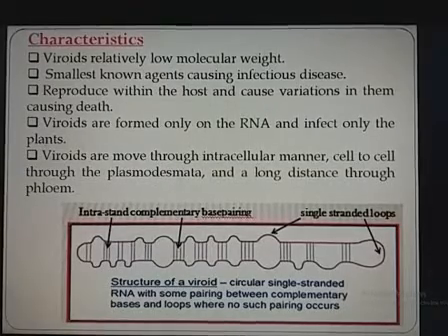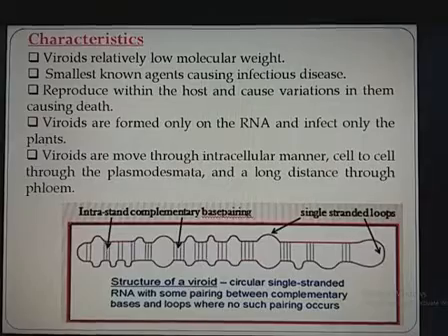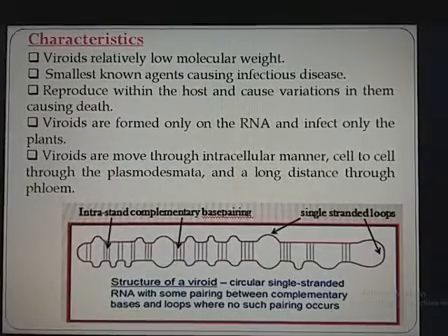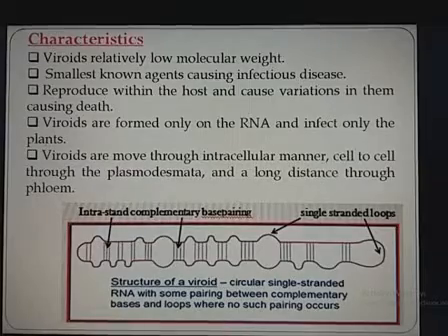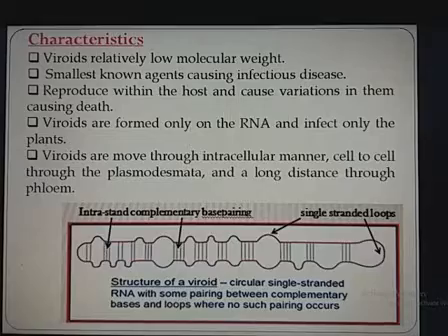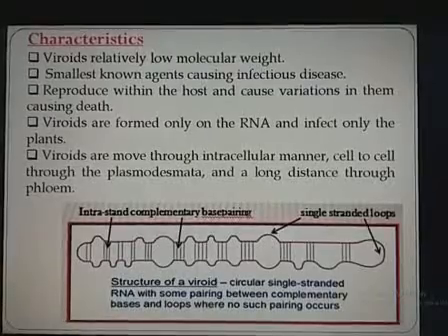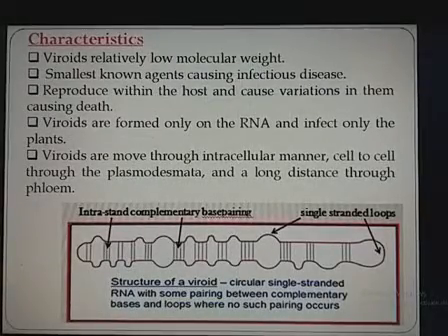That means viroids are transmitted from one cell to the next or adjacent cells by means of a cell connection structure known as plasmodesmata, and over long distance through the phloem tissue.